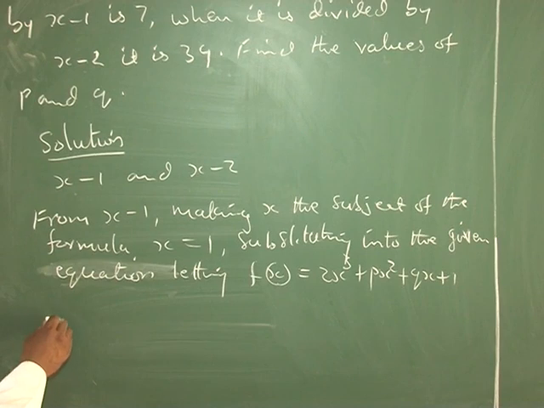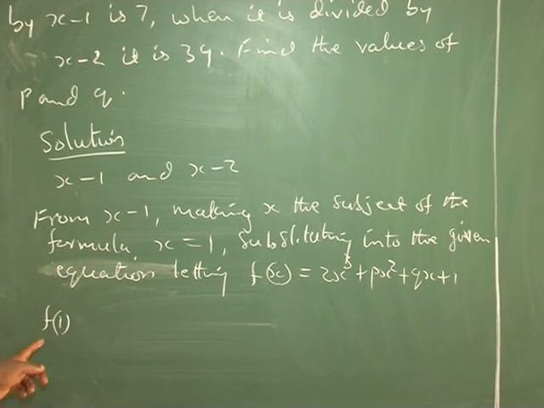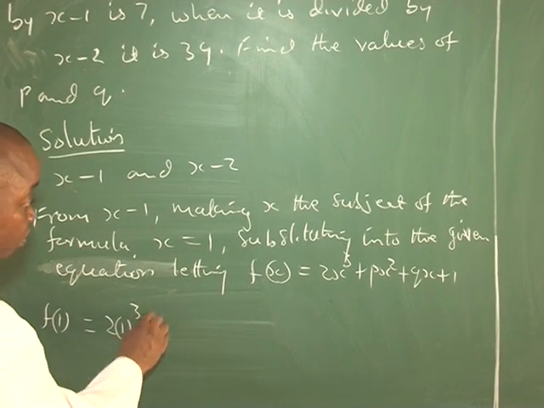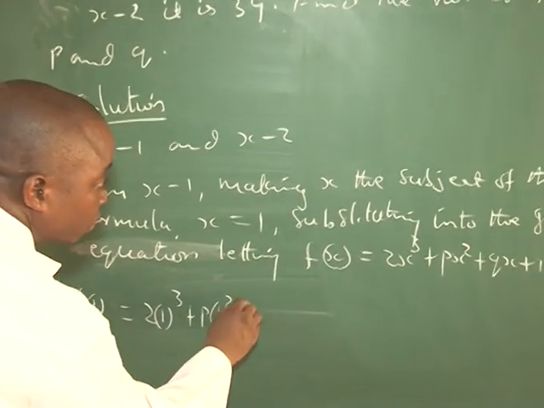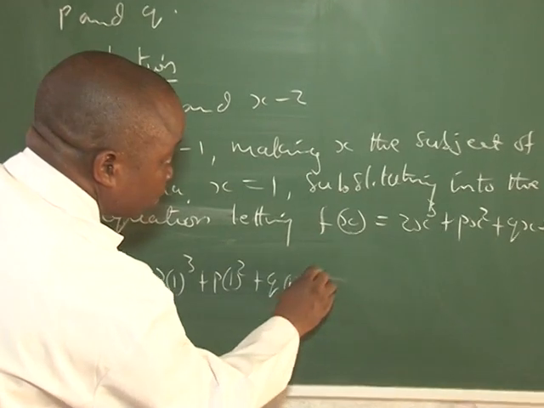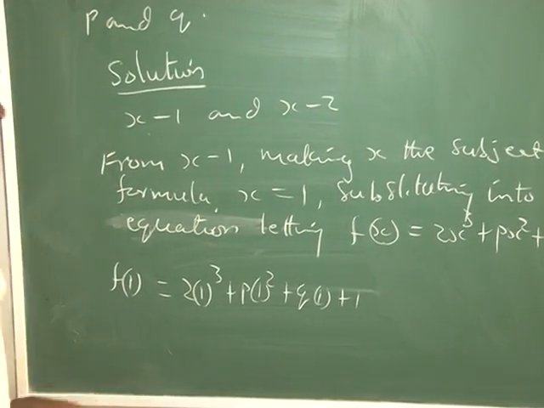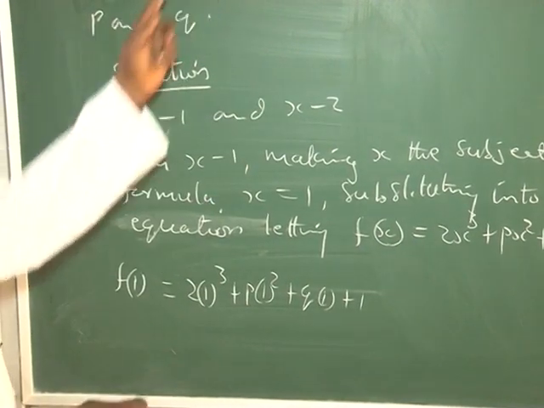We have that f of 1 will be equal to 2 times 1 cube plus p times 1 square plus q times 1 plus 1. And we are told that this will give us a remainder of 7.